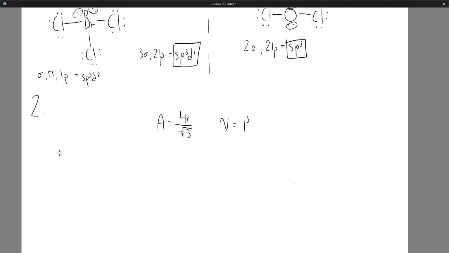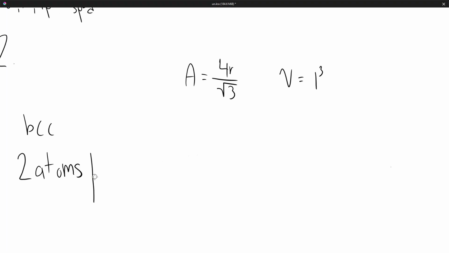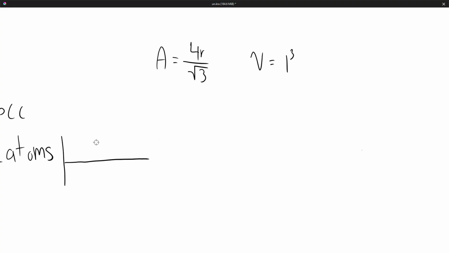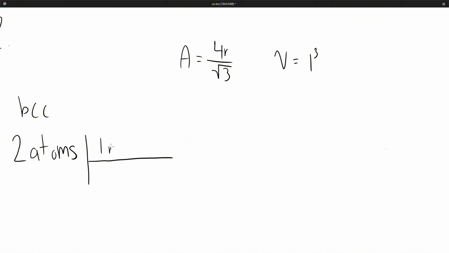So for body-centered cubic unit structures, BCC, it has 2 atoms in the structure in total. So we want to start with this. With this, we convert it into number of moles. So 1 mole of chromium, we use Avogadro's number, 6.022 times 10 to the 23rd chromium atoms.